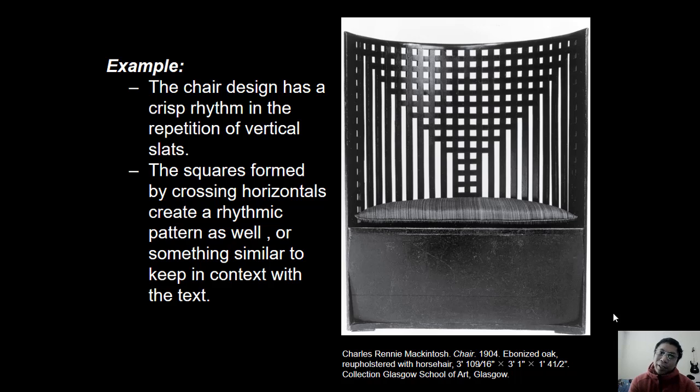Okay, so we can also find rhythm in pieces that aren't as organic or as flowy as the previous examples, but it is definitely there. And again, what makes rhythm possible is this idea that it goes from one element to another of a similar element, but it slightly changes.